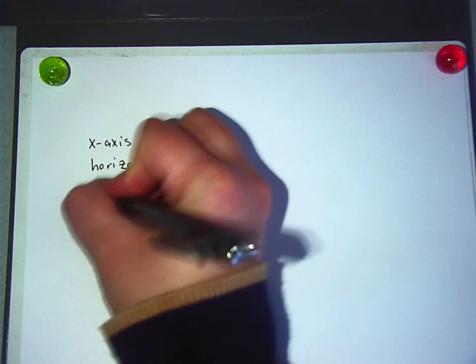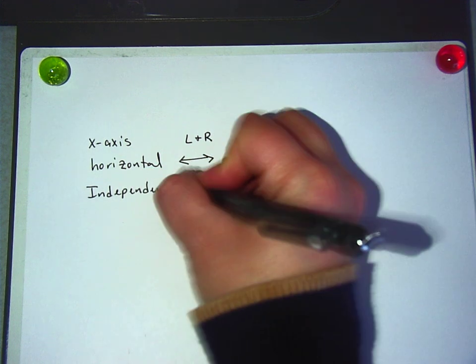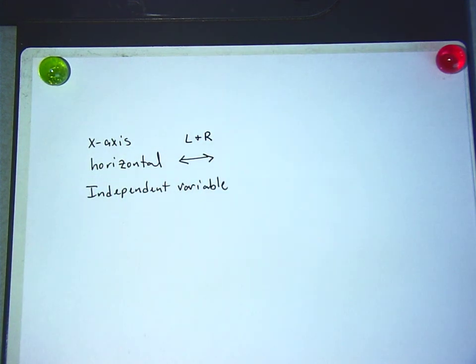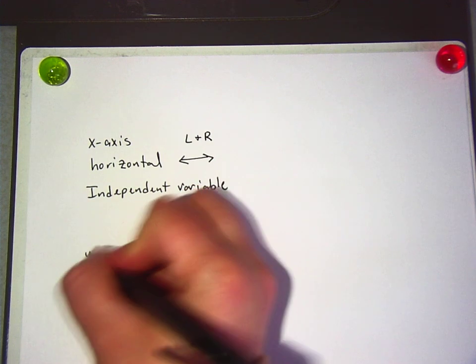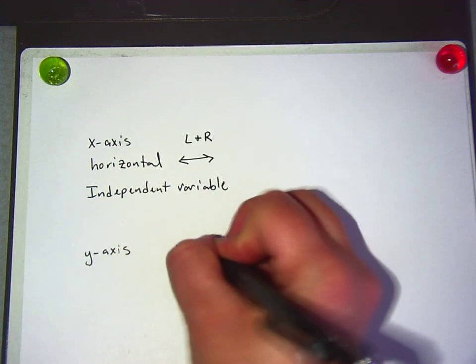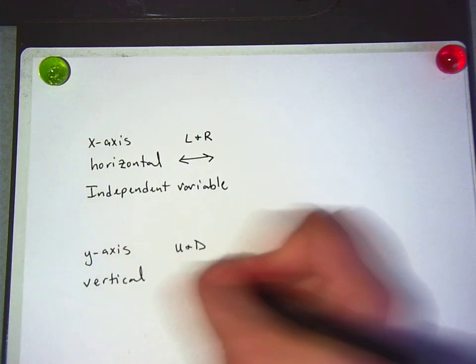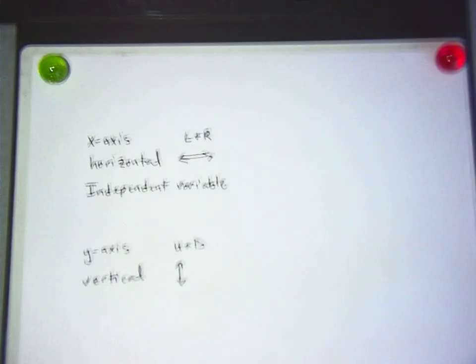It is also called the independent variable. The y-axis goes up and down. It is vertical. And that's called the what? Dependent variable. Good.